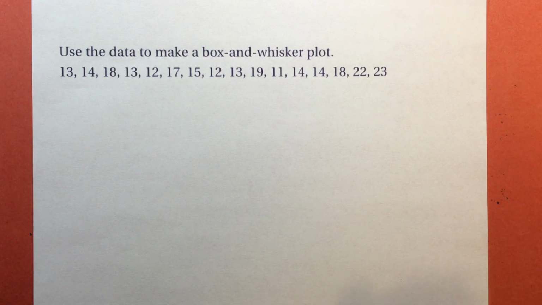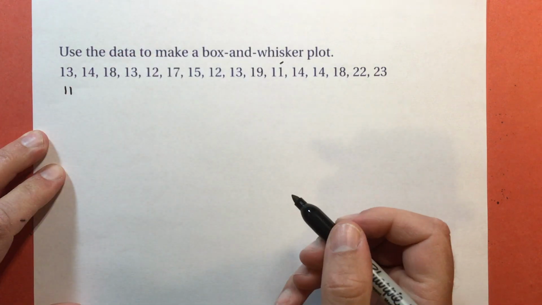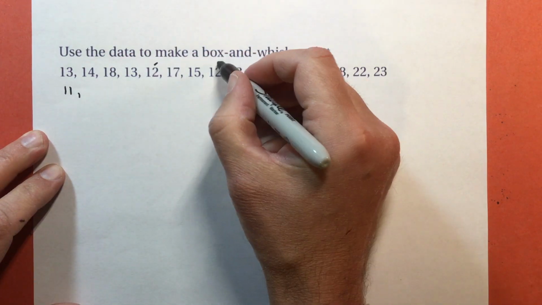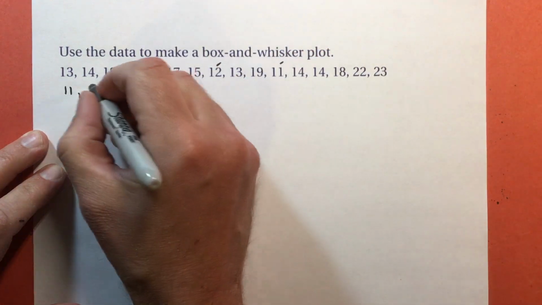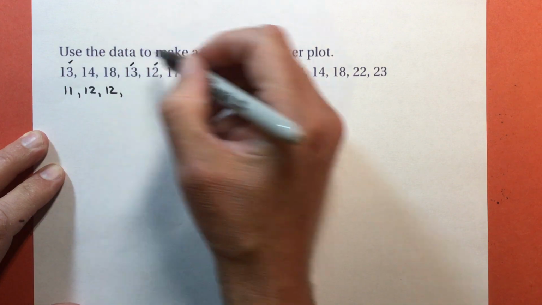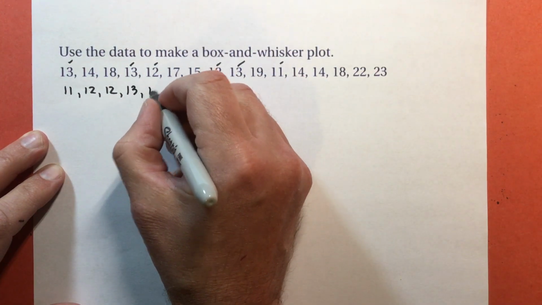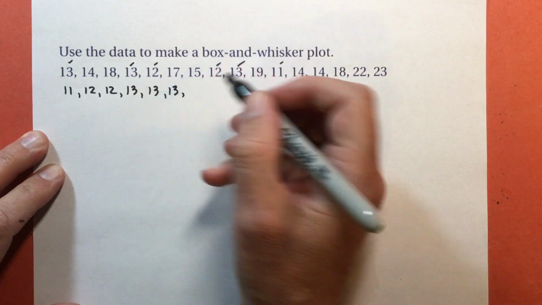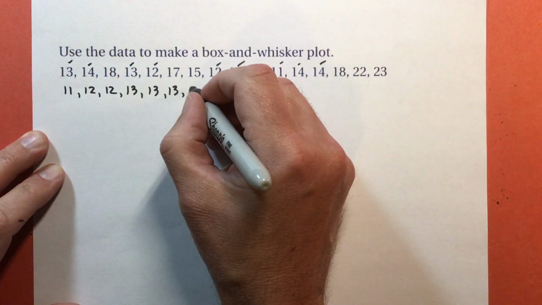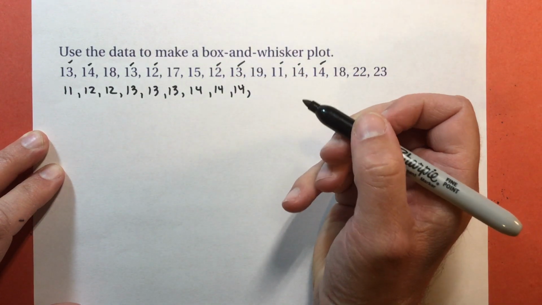I don't see anything less than 10, so I'm going to start with the 11, and I don't see any more 11s. So any 12s? Here's a 12, I got 2 12s. I got 1, 2, 3 13s. I got 14, 14, 14. And hopefully I don't mess up, but if I do, it'll be okay.